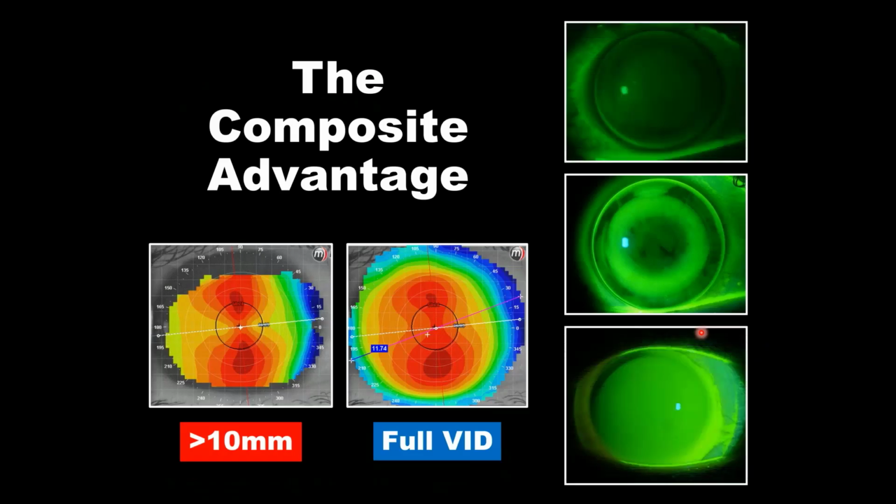So let's begin by talking about the composite map capture. Many of you are familiar that the Medmont topographer, as a small cone topographer, gives us a fairly large area of capture. But in some eyes, especially when we have small fissures, we have long eyelashes, we can lose some of the data from the periphery.